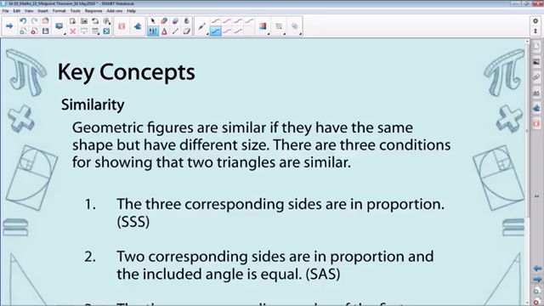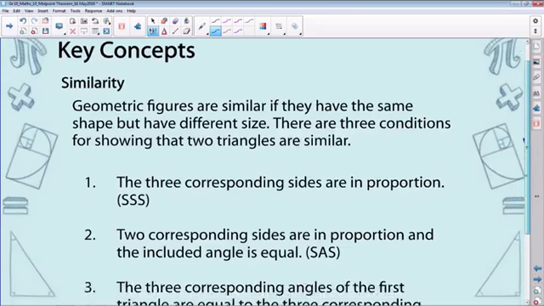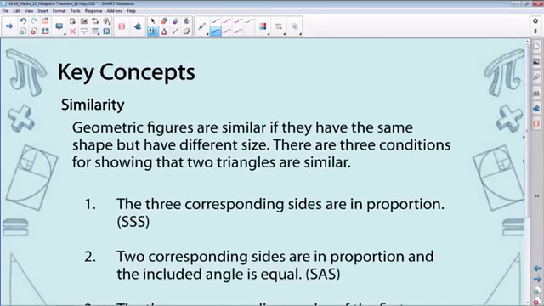And then we've got to go to similarity. And you'll remember, and I'm just going to draw it up here. Similarity is when we have two triangles that are increased or decreased in the same proportion. So that means that this angle has the same size as this one, and this one has the same size as this one.